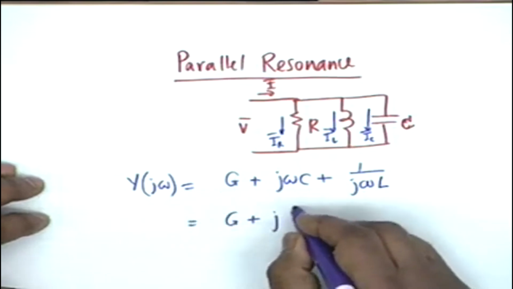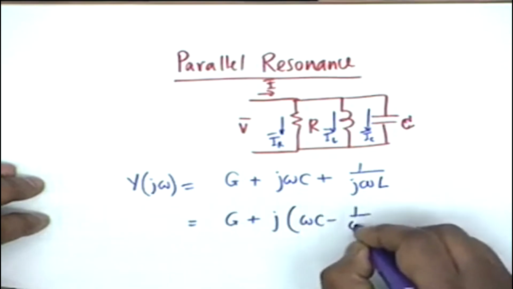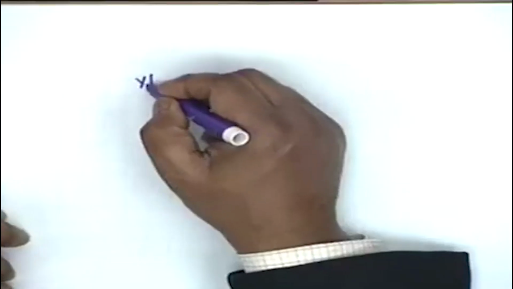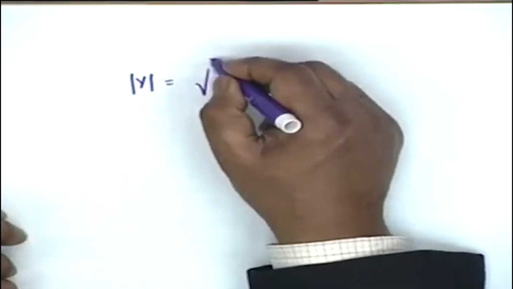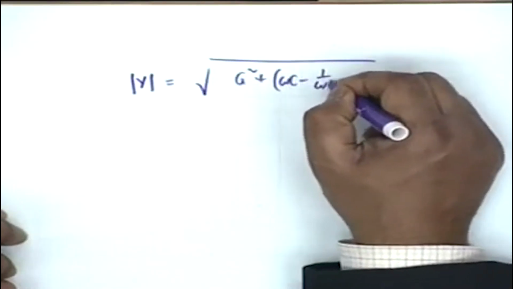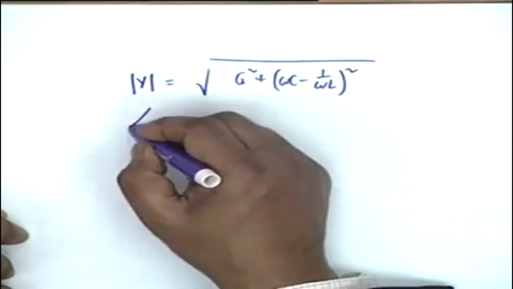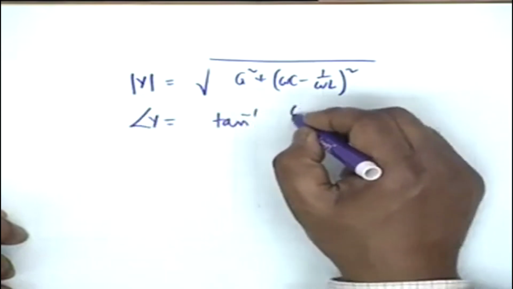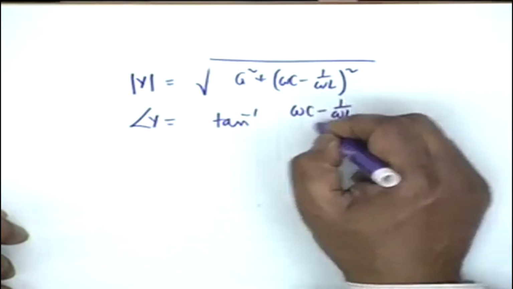This I can write as j omega C minus 1 by omega L, and one can proceed exactly similarly. That is, the magnitude of y shall be square root of G squared plus omega C minus 1 by omega L whole squared, and the angle of y shall be tan inverse omega C minus 1 by omega L divided by G.